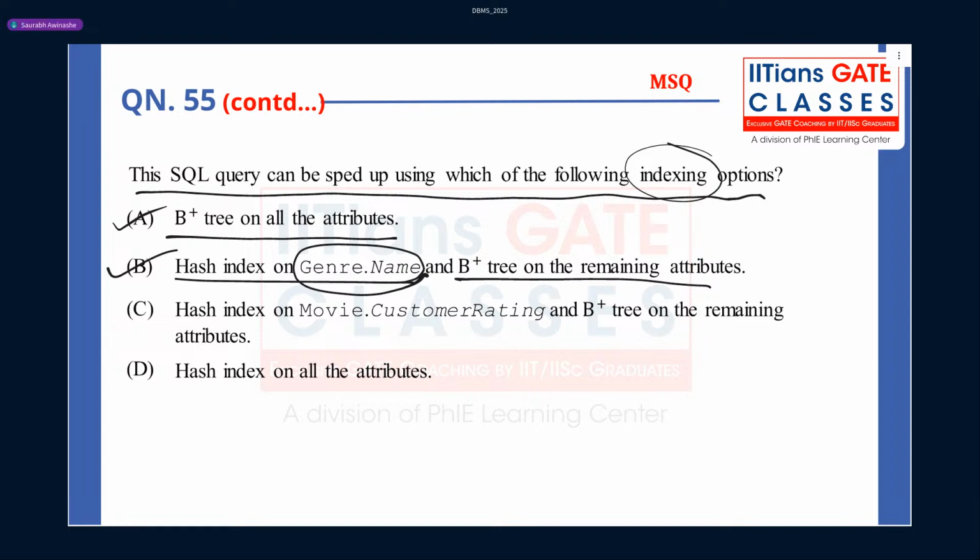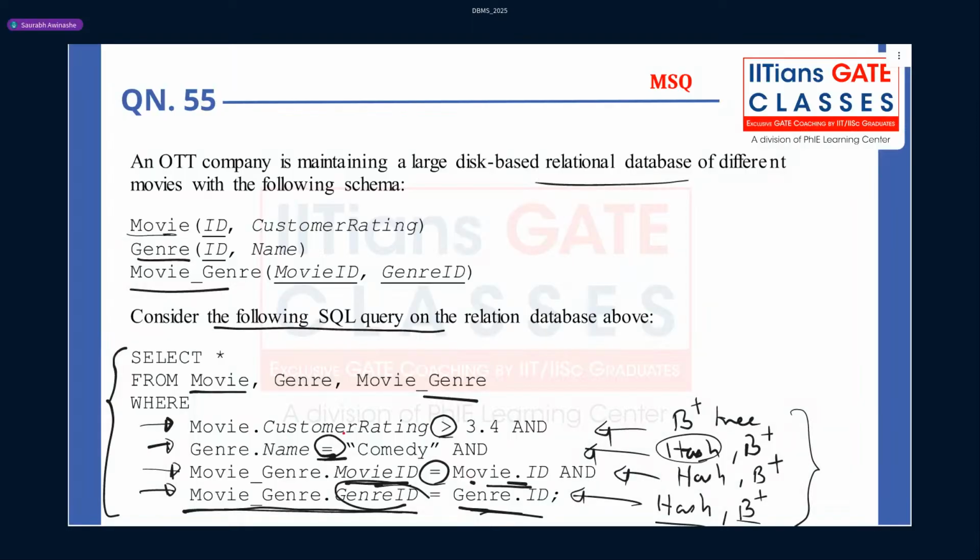Now option C is saying that you create a hash index on movie.customer rating and B plus tree on the remaining attributes. So again, we have to check whether movie.customer rating is a random access, only then will the hash index be good. But movie.customer rating is a range query, right?